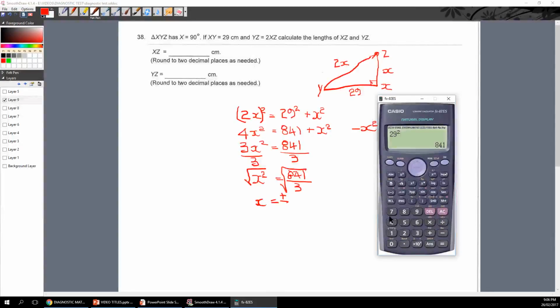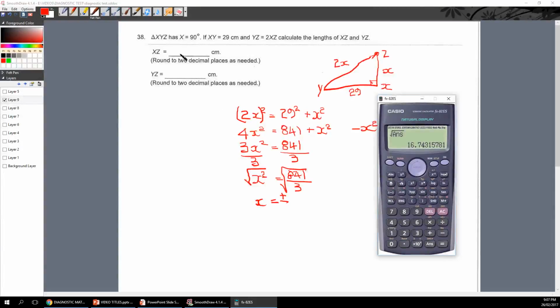Okay, so let's go 841 divided by 3 equals, square root of the answer, which is there, equals, and then we push this button here, 16.74.